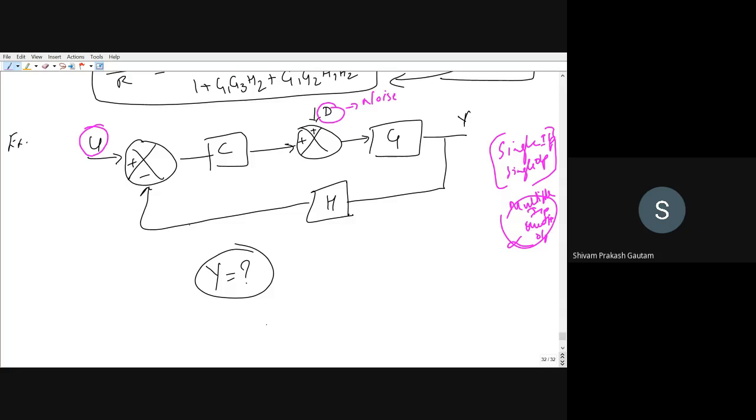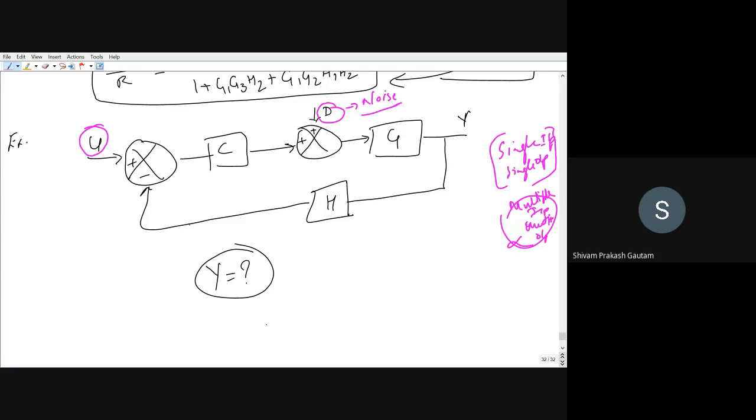Any system, when working in the outside environment, is subjected to some kind of noise. You might study this noise in every subject, whether in communication, analog, or basic electronics. This noise is present everywhere, so we can assume that this D is not an input but a noise.